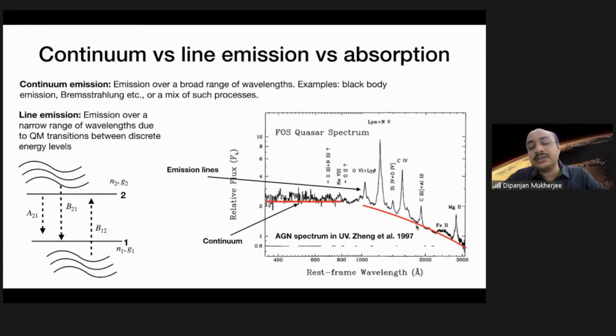For example, in an AGN, the central continuum emission is decided by what happens in the accretion disk around the AGN. Now, photons from the accretion disk are usually emitted from the hot plasma that is swirling around the black hole, and it is heated up, and it's essentially thermal in nature.